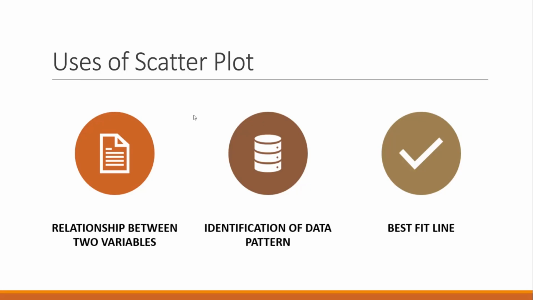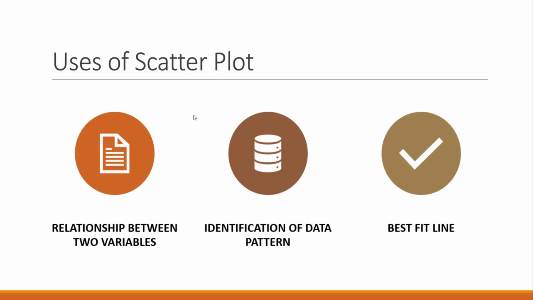Another reason to use the scatter plot is to identify data patterns. Data points can be grouped together based on how near their values are, and it makes it easier to spot any outlier or where there are data gaps.